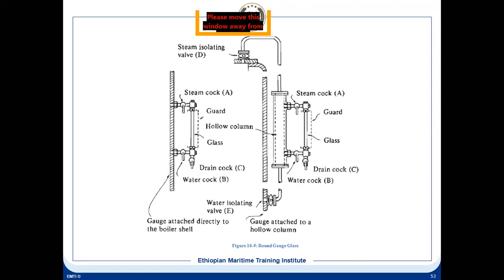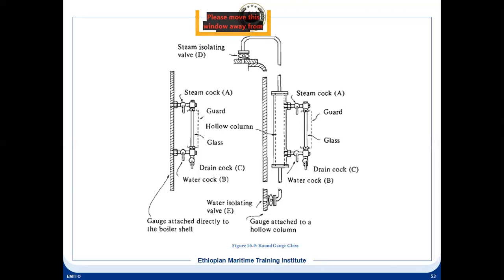Whereas as per the design on the right hand side of your screen, if your cock A or cock B is leaking, or even if the glass is leaking, you can shut off your steam isolating valve D and your water isolating valve E. And once you shut these off, maintenance on cock A or cock B, that is the steam cock A or water cock B, can be carried out very easily.